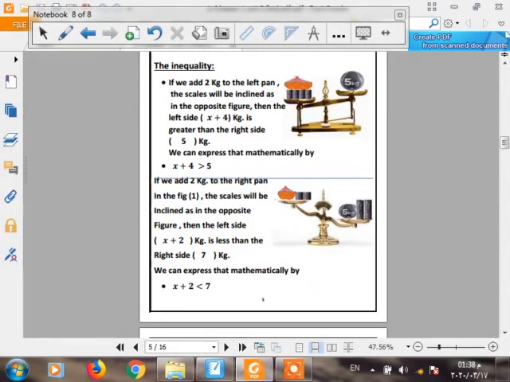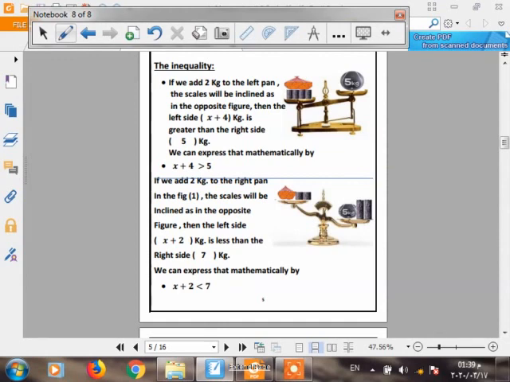After knowing the meaning of equation, we will know now, on the first figure, on the left pan, we have a bag of orange and 2 kilograms, and the right pan holds only 5 kilograms. In this example, I'll add 2 more kilograms to the left pan.